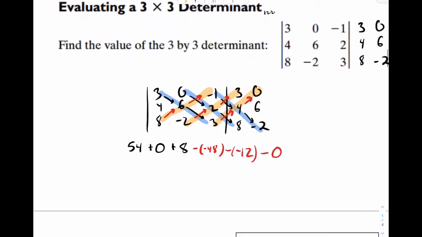Now we're going to evaluate. So that's 54 plus 8 plus 48 plus 12. That would be 62 plus 60, which is 122. So that's how you do a 3 by 3.